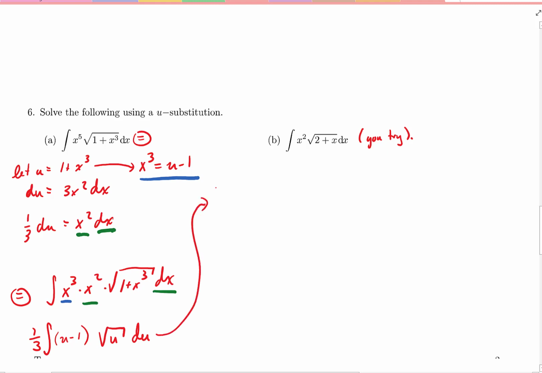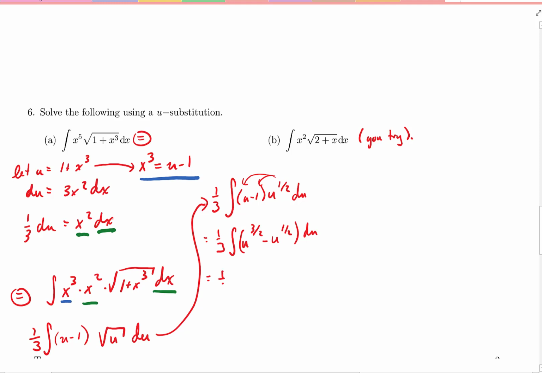At this point, we could rewrite this as 1/3 the integral of u minus 1 times u to the 1/2 differential u. Now let's distribute that, so that would give me u to the 3/2 minus u to the 1/2 differential u, where that was distributing the u to both those terms.